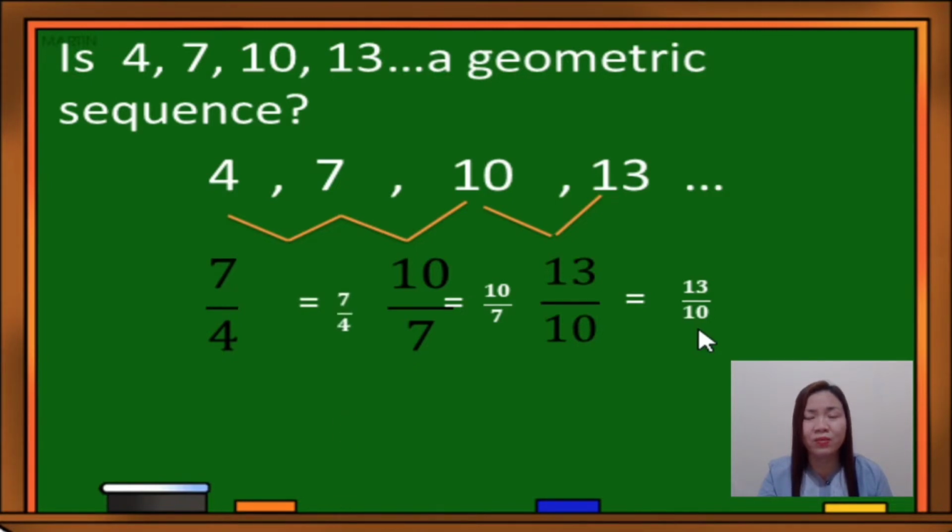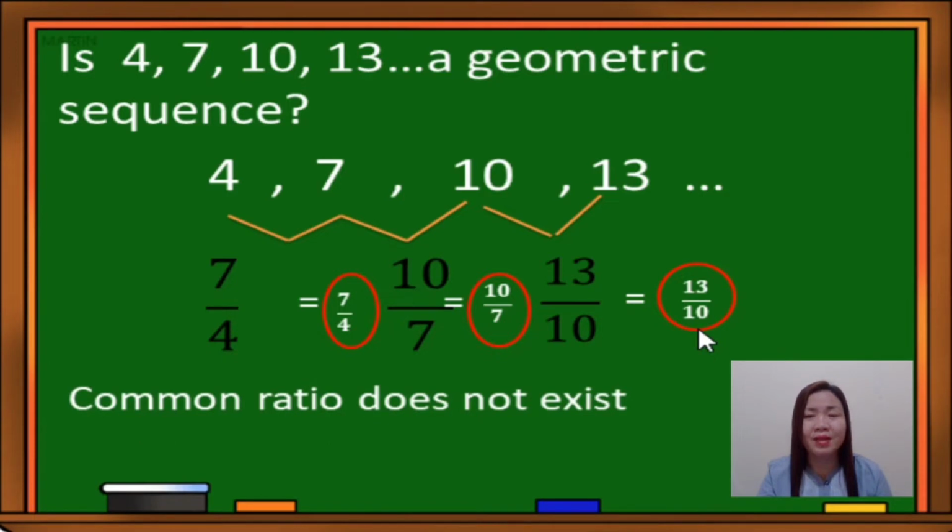I want you to observe this example. We have 7 over 4, 10 over 7, and 13 over 10. What are your observations on the given quotients? From that, we can say that the ratio does not exist. Why?